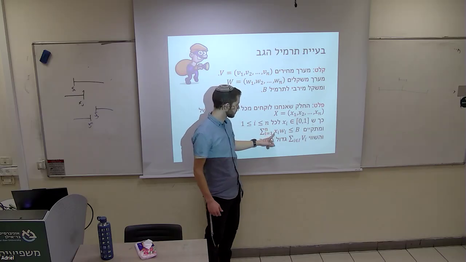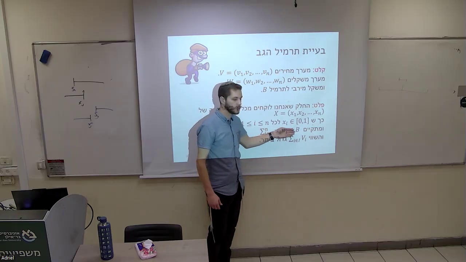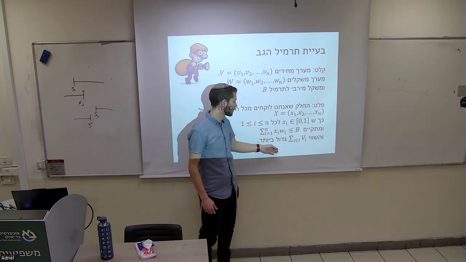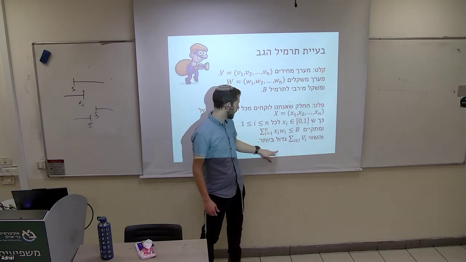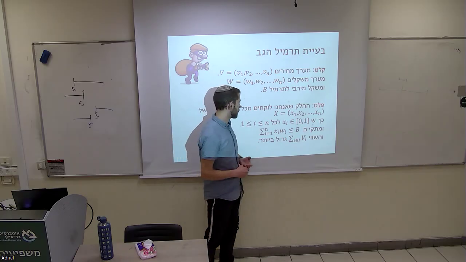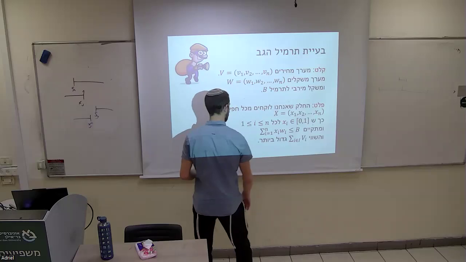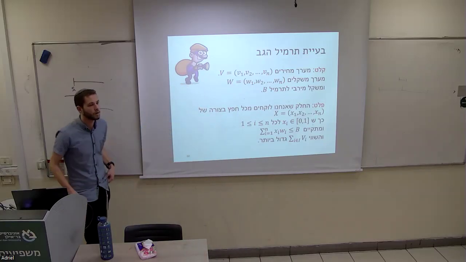So what's written here is: take the amount that you take from every item, times its actual weight, sum that up for all the items, and that has to be smaller or equal to B. And the sum of all of the values is greatest. I think there's a missing xi times vi here, since the value is also proportionate to what you took.